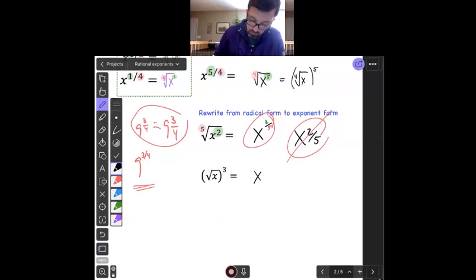We know there's going to be a little fraction up here. So we say, hey, there's a 2 right there, so that 2 goes there. And then we say, hey, there's a 3 over here, so we're going to deal with that 3. So x to the 3/2 power. So the square root of x cubed is equal to x to the 3/2.